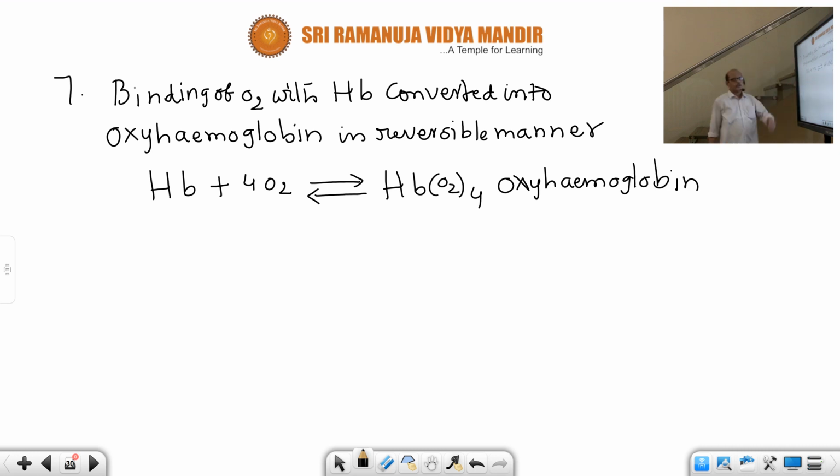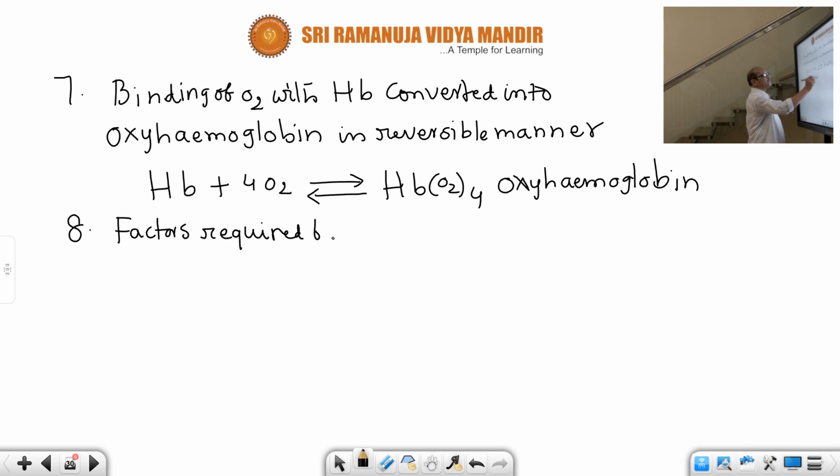So thus O2 is transported to the tissues. The binding of oxygen with hemoglobin requires the following factors. What are the factors required for the binding of O2 with hemoglobin?